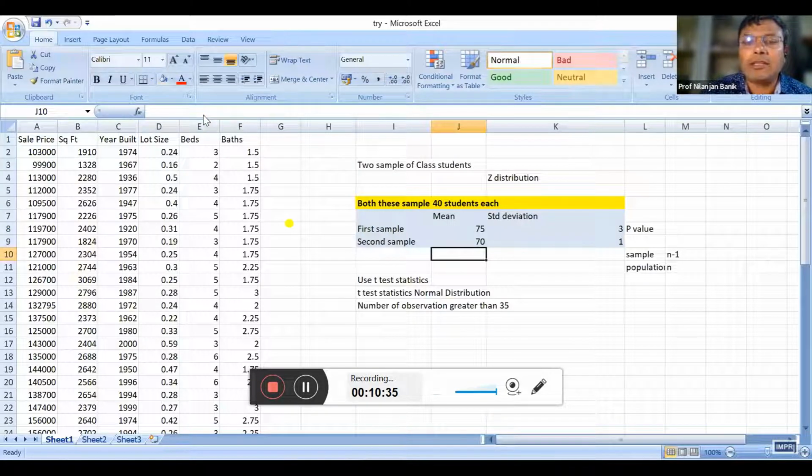Again, I said that it depends upon your objective function. If my objective function is to run a coaching institute where I want to see more number of students qualify for IIT or any competitive exam, then maybe the first sample.